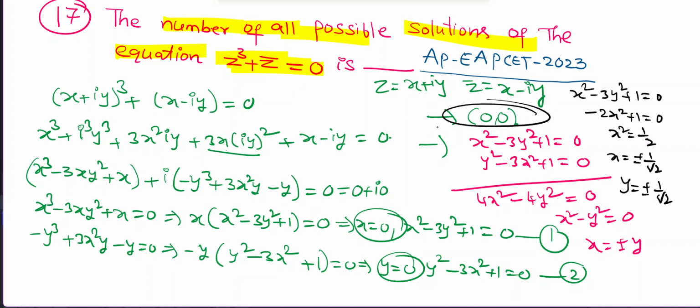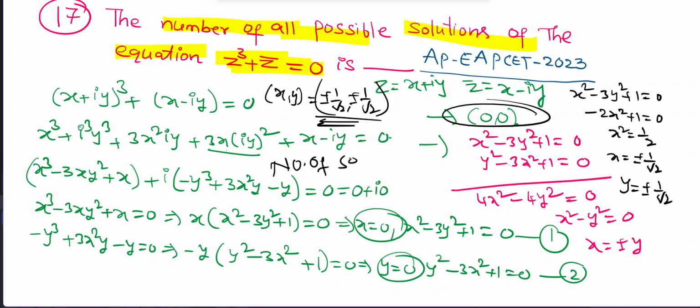Here one point is (0, 0) and the other points are (x, y) equal to plus or minus 1 by root 2, plus or minus 1 by root 2. Here 4 points are there, taking plus-plus, plus-minus, minus-plus and minus-minus. So 4 solutions and (0, 0) is 1 solution. So the number of solutions is equal to 5.